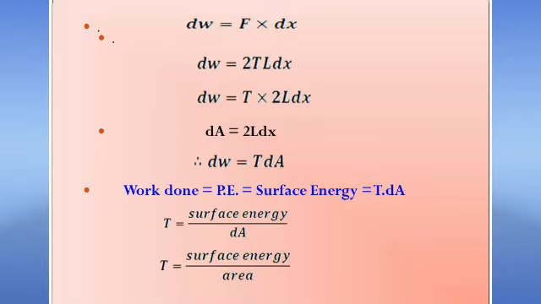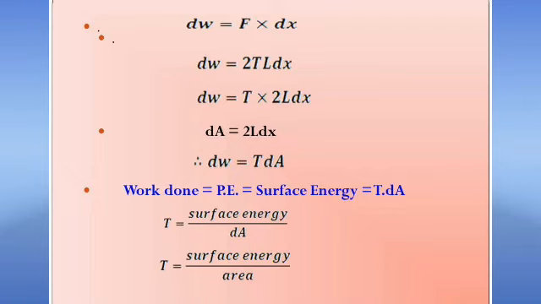Using the value of F is equal to 2TL in the above equation, it becomes dW is equal to 2TL dx, but 2L dx is the increase in surface area of the film dA. Therefore, the work done is equal to surface tension into the increase in the surface film area dA.